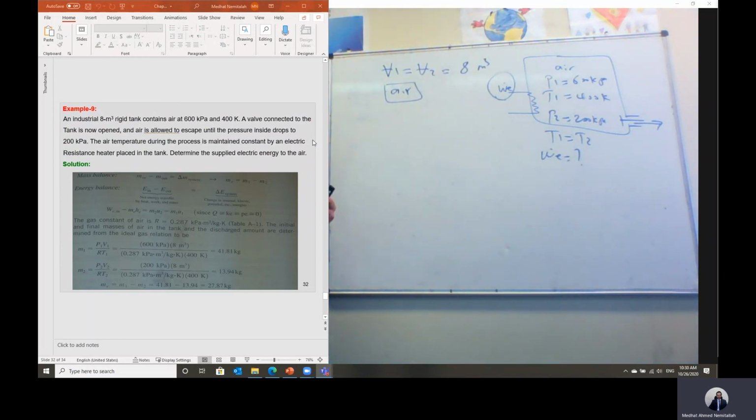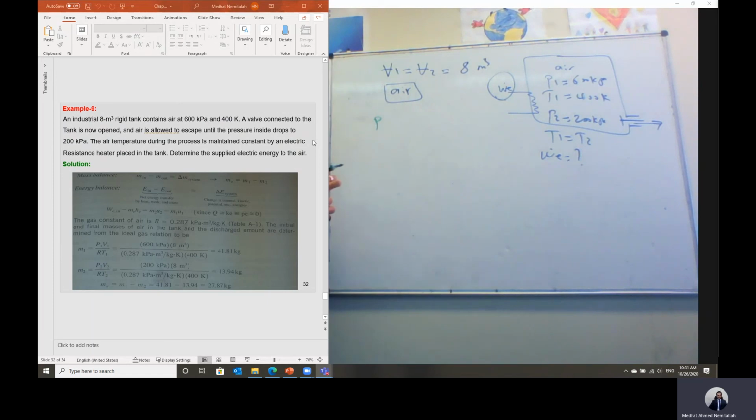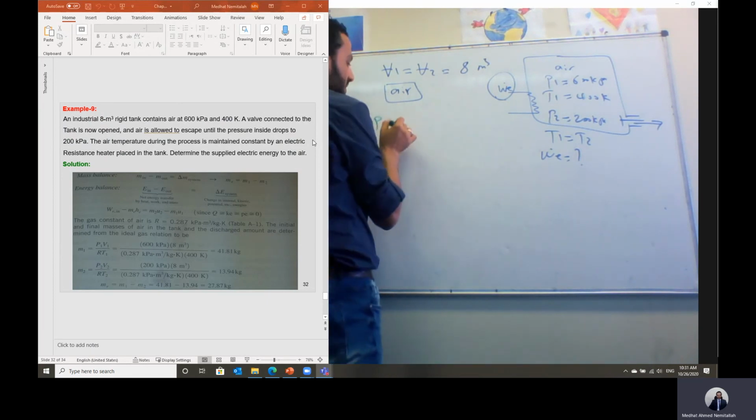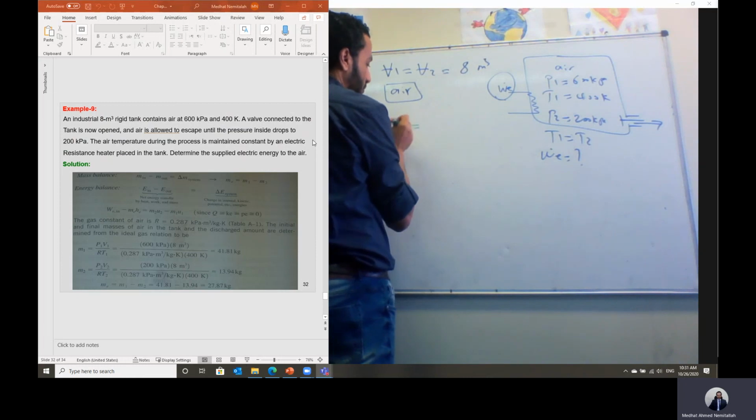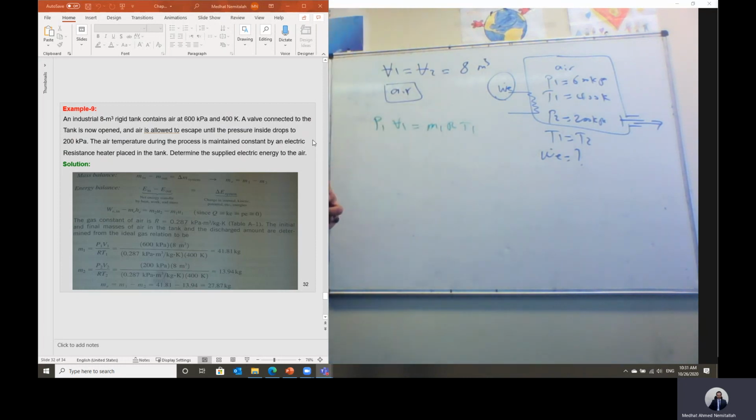In this case, the working fluid is air, so we don't have anything other than the ideal gas equation of state. He didn't ask us in this problem to use the modified equation, so I will go ahead with the given equation: P1 total volume V1 equals M1 R multiplied by the temperature T1.